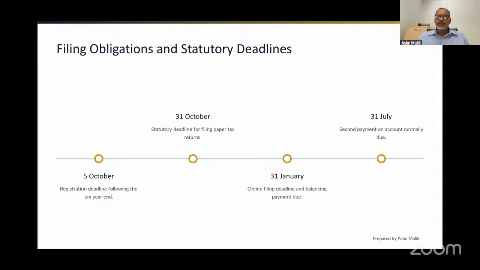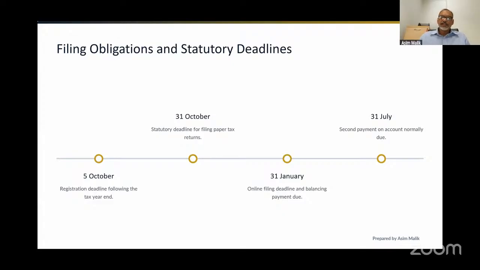So in terms of tax liability, you pay this year's tax. Plus, in certain cases, depending on your tax liability and circumstances, you may be liable to pay tax for the following year in two installments. We are in the tax year 26-27, and if you're filing a tax return for 25-26, the tax liability arises on 31st of January.